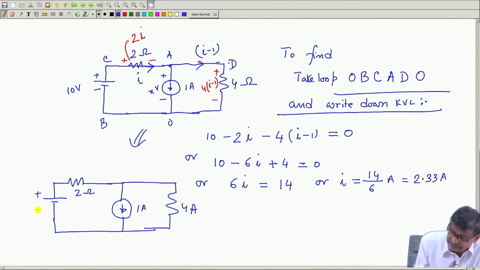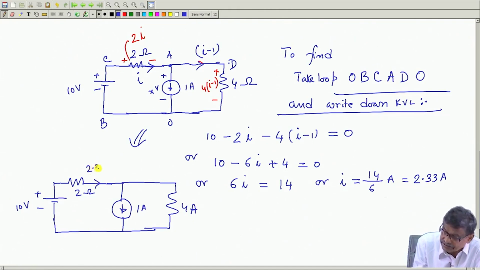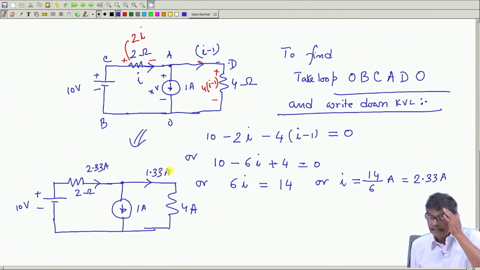Then this is 10 volt, and now I have solved the circuit, and this I has come out to be positive. So, this current of 2.33 ampere is flowing, and then I apply I minus 1. So, 2.33 minus 1, this current will be 1.33 ampere.